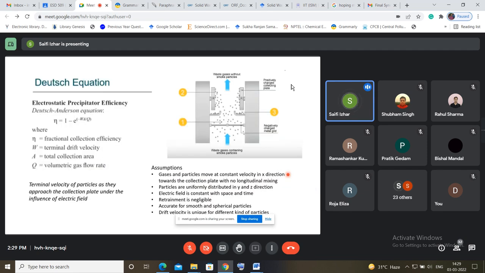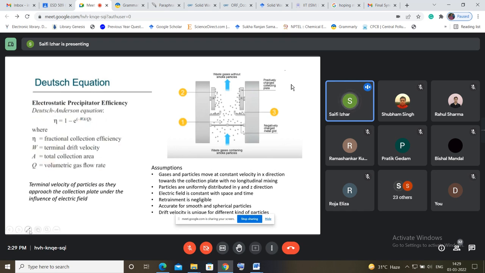Based on this, the Deutsch-Anderson equation is used to calculate the fractional collection efficiency, which is equal to 1 minus e to the power minus WA over Q, where η is your fractional collection efficiency and W is your terminal drift velocity.